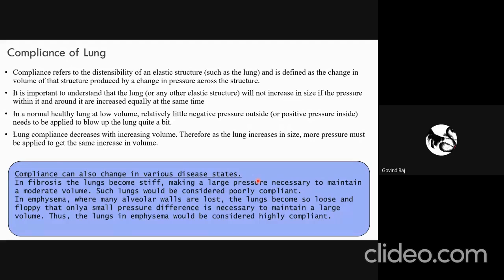Thus, in lungs suffering from emphysema, the compliance will be higher, because only a small pressure is required to expand or extend the alveoli. So this is how compliance plays a role in detecting which kind of lung disorder we are dealing with.